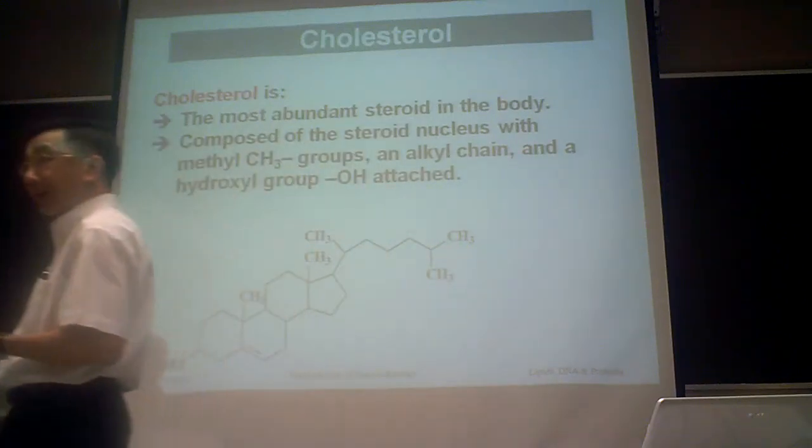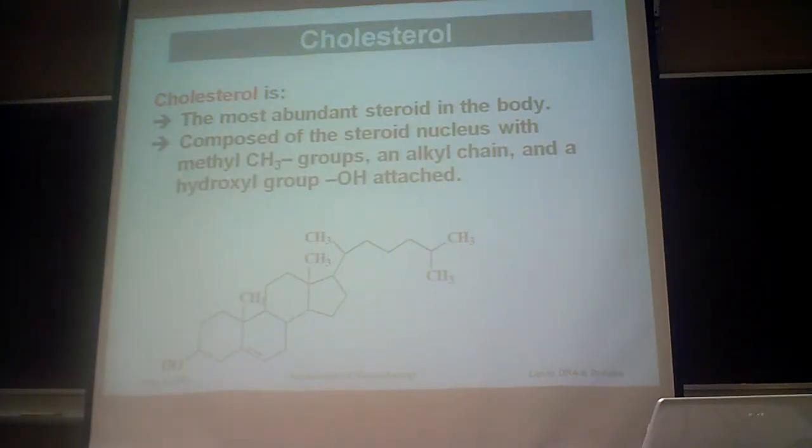So you look at the chemical structure of cholesterol, right? This is the most abundant steroid found in the human body. It is composed of the steroid nucleus, a hydroxy group, and then a methyl group on the other side.